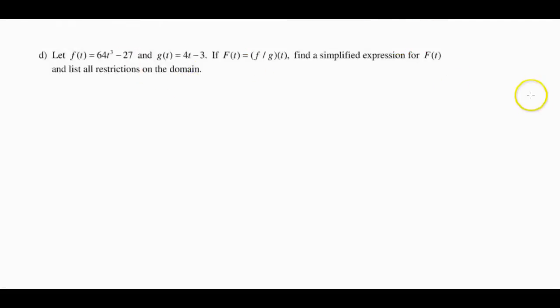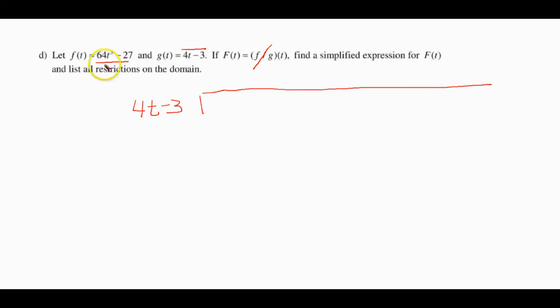This looks just a little tedious, but basically it's this divided by that, and that's what they're showing in that funny kind of division. So we're going to set it up. It's going to be 4t minus 3 divided into this now.